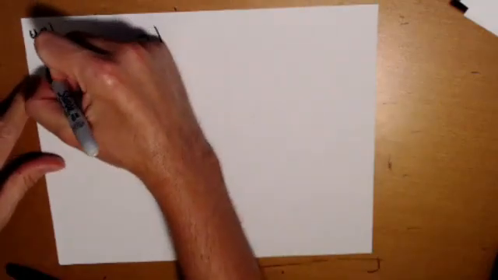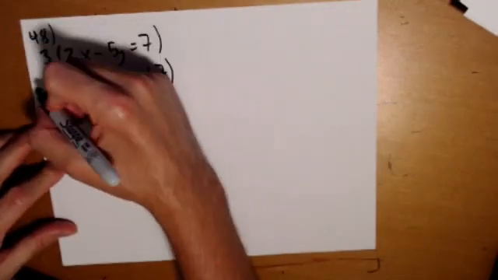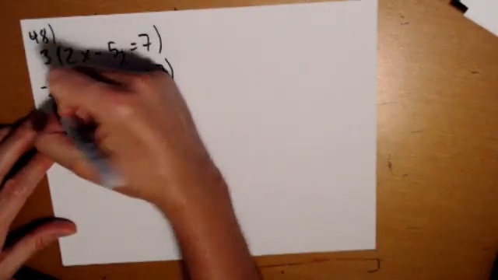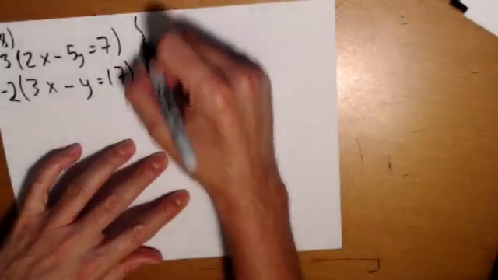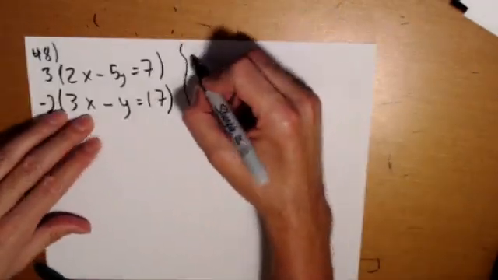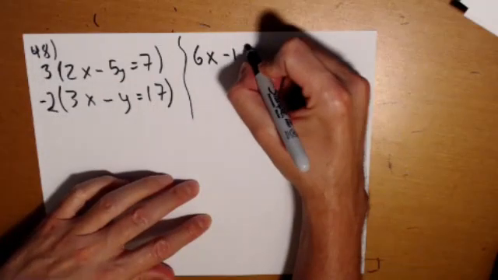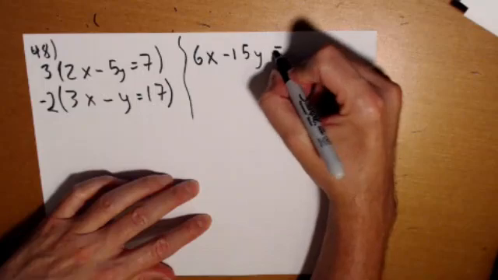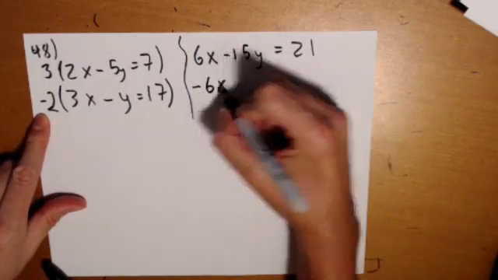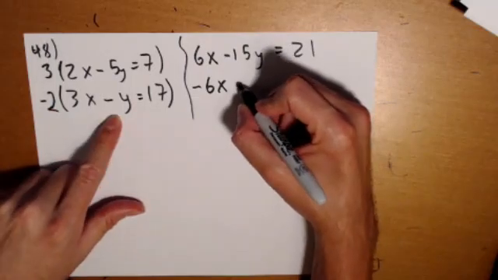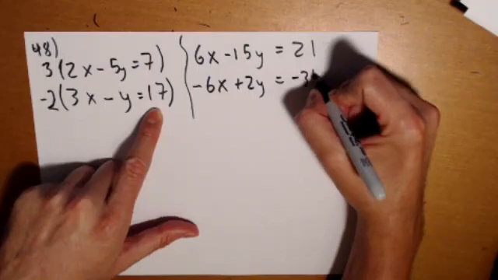I'm going to multiply this line by 3 and I'm going to multiply this bottom line by a negative 2. So if I multiply this whole line by 3, it's going to turn into 6x, the 3 goes to everybody, minus 15y equals 21. And then here it's going to give me a minus 6x, minus minus, so plus 2y equals negative 34.